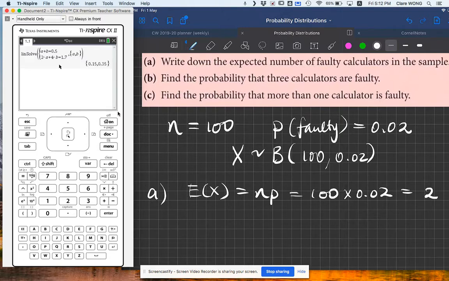B. Find the probability that 3 calculators are faulty. So this, under the discrete random variable, we want exactly 3 calculators. So we are looking at the probability of x is equal to 3.